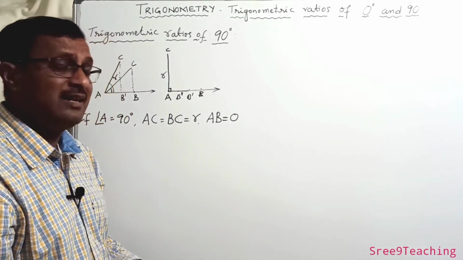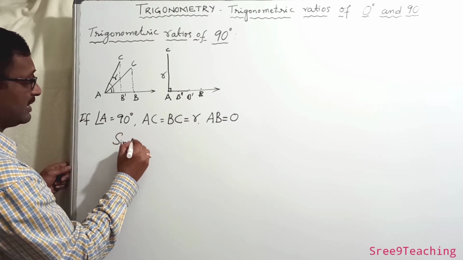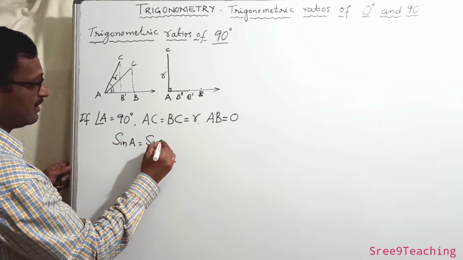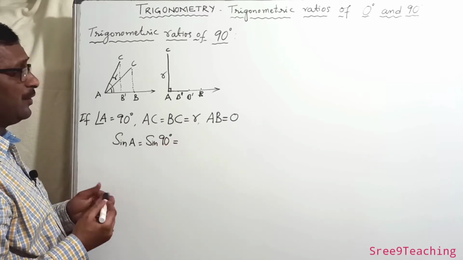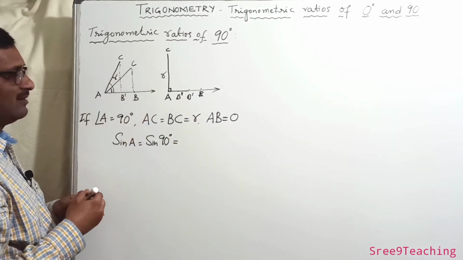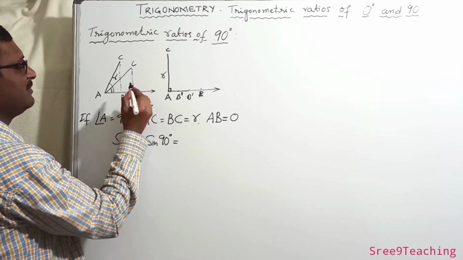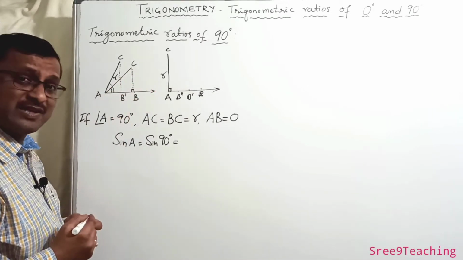Now let us see the trigonometric ratios. First, sin A, that is sin 90 degrees. You may think that sir, there is no triangle, but let us take a right angle triangle where the angle is 90 degrees at B. Now it was earlier a right angle triangle.